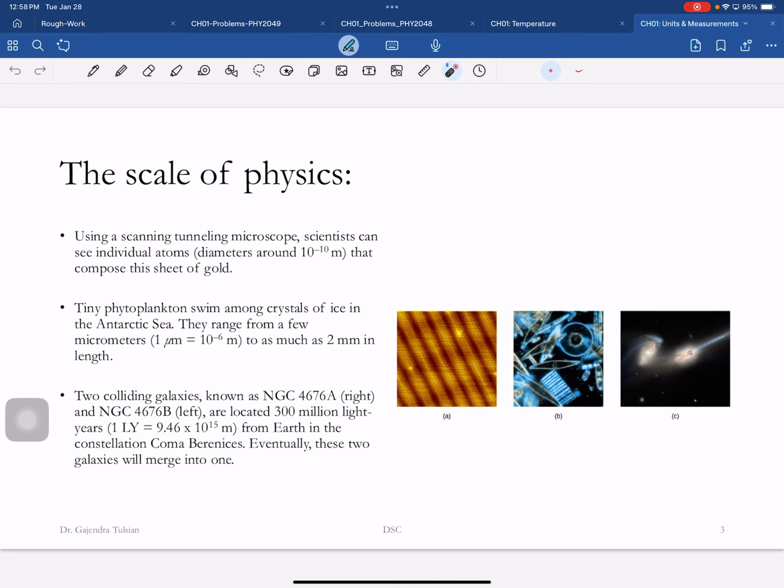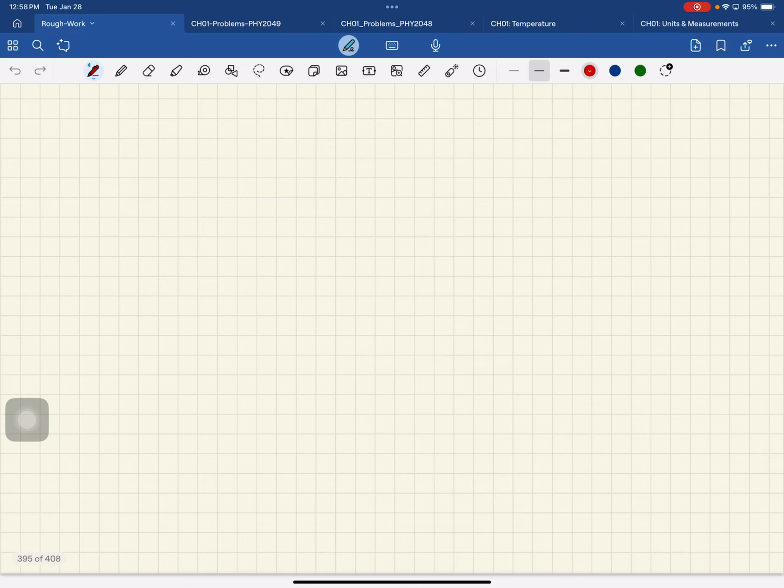So here's how we're going to take an image of this sheet. I'm going to draw a cross section of it. So here's a side view of the sheet. So here's an atom. Now I'm going to have a probe.